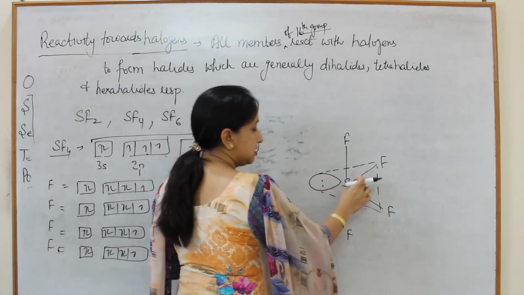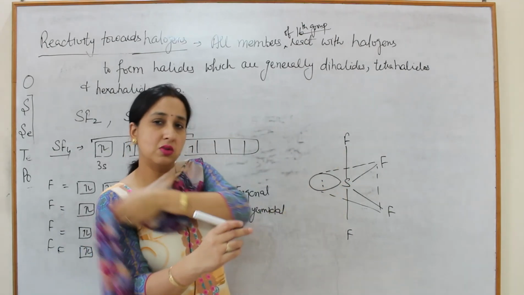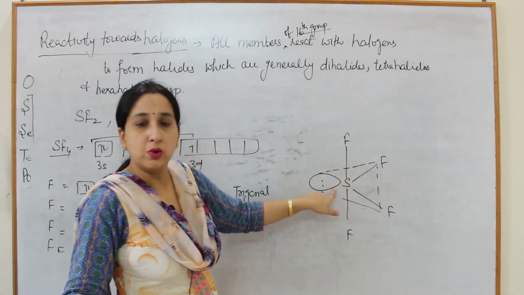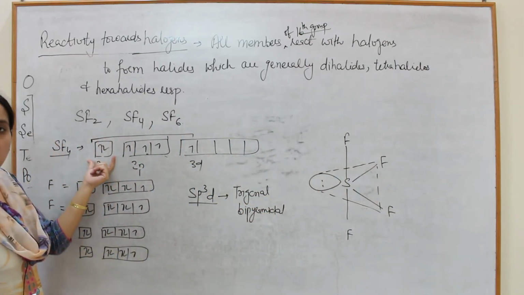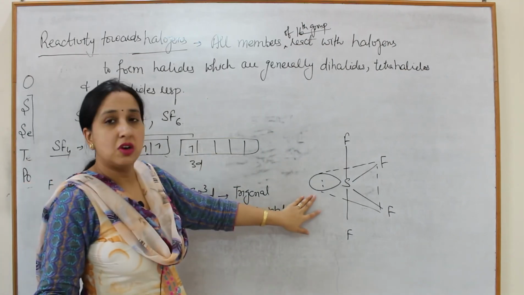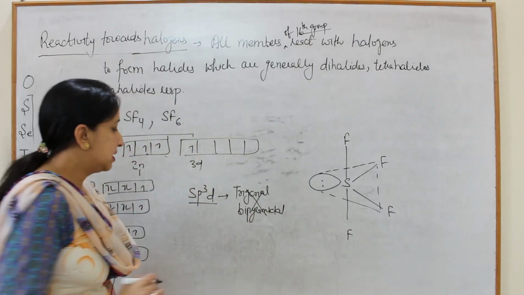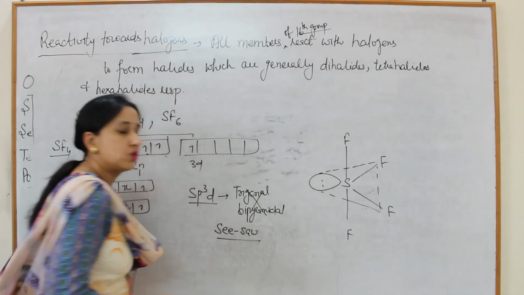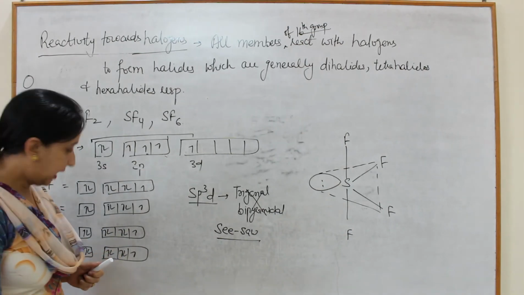Actually these 3 positions are known as equatorial bonds and these 2 bonds are known as axial bonds, but among these 3 equatorial positions, one equatorial position is occupied by this lone pair. So because of the presence of this lone pair, we don't call this geometry trigonal bipyramidal, we know it as seesaw geometry.